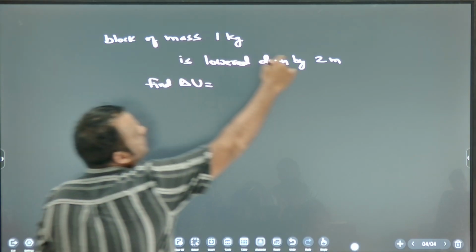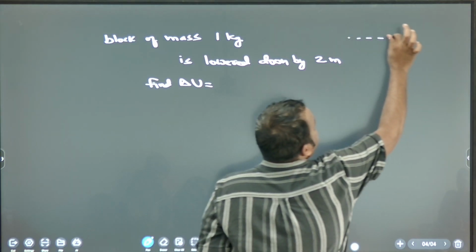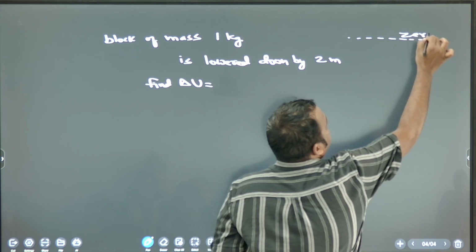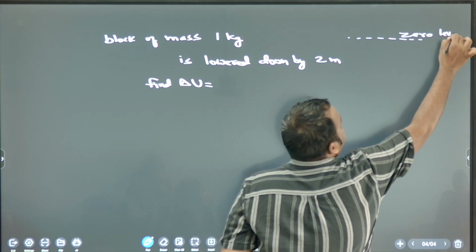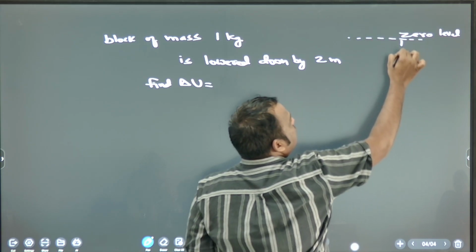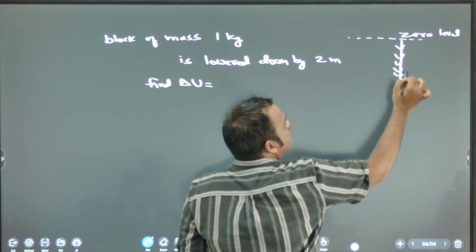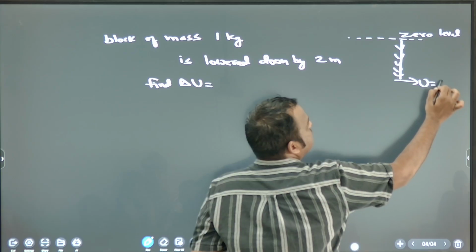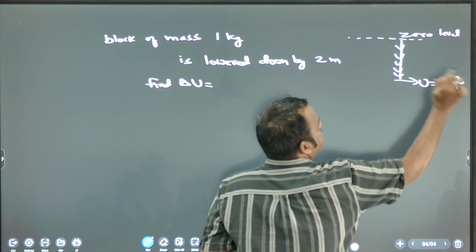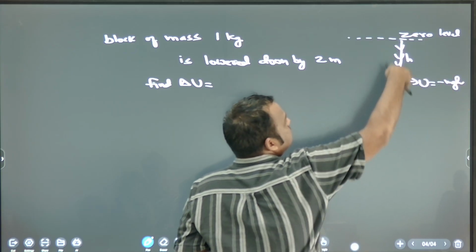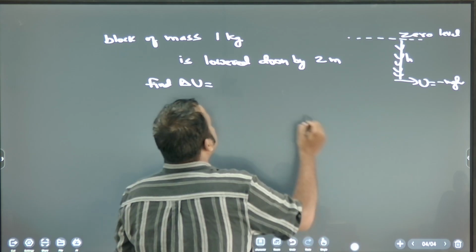So the initial level you can take as 0. Now you are going h down. So what is the new potential energy? Minus mgh. Correct? So what is the change in potential energy?